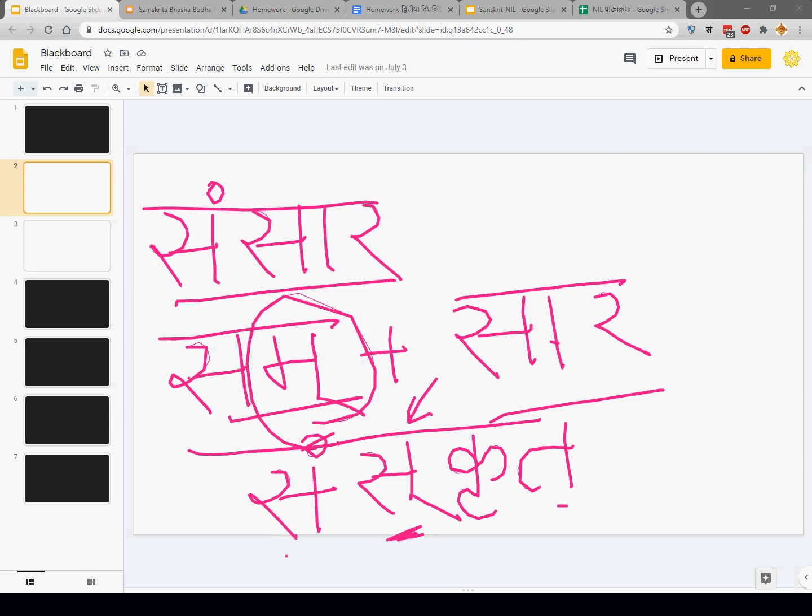If we write this using English letters, there is no real way to write this anuswara in English letters, right? That is why some people sometimes use n in between, sometimes use m in between.